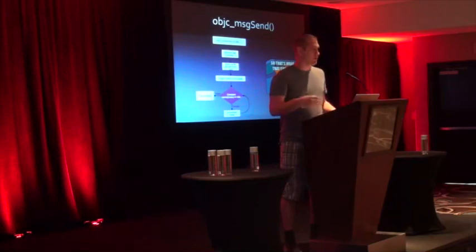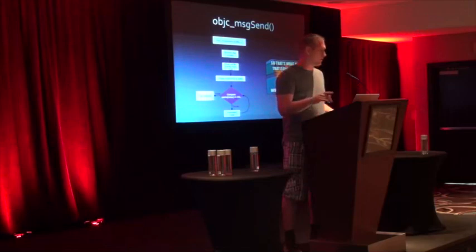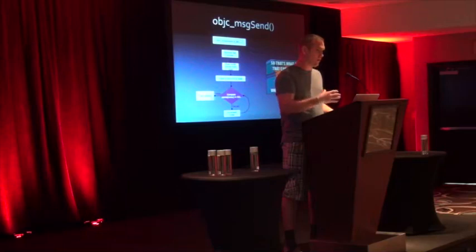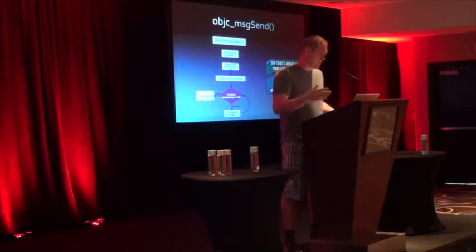Then it needs to figure out an index into that cache, and it does this by taking the selector pointer, so that's just a pointer to the strings table of wherever the selector was stored, shifting it right by 2, and then ANDing with a mask that it gets from the class struct, and then it indexes into the cache with the index it has generated. It compares the pointer value at that location with the selector value that was passed into objc_msgSend. If those pointers match, it calls the method because it found the right hit. Otherwise, it increments the index and tries to walk the cache. So the cache is basically a hash implementation.